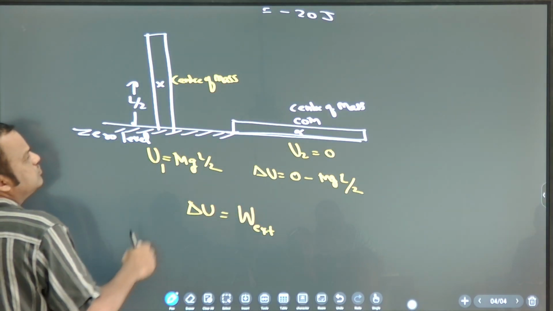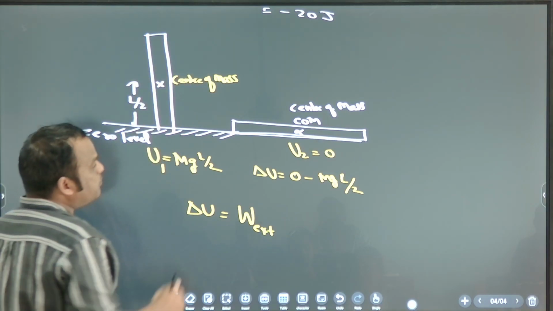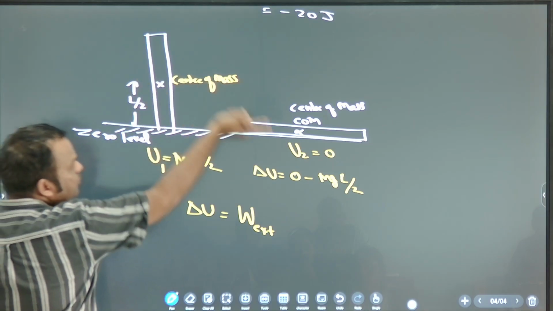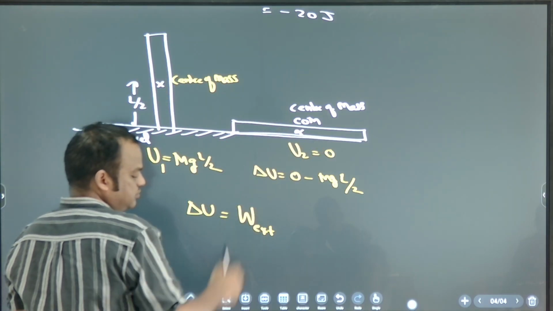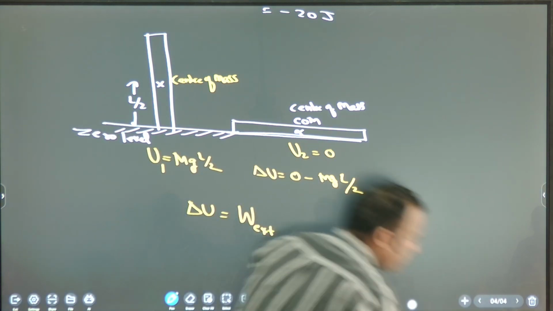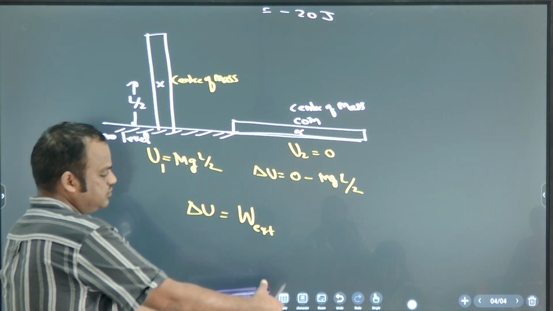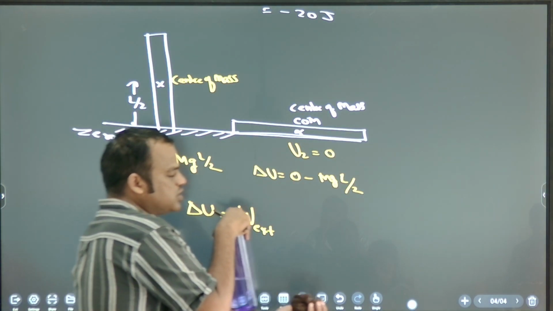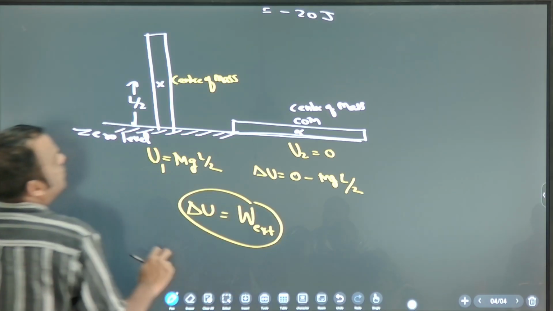And to decrease potential energy, like from here to here, the potential energy decreases, so it is negative external work. I'm moving it like this, negative external work. This is positive external work. Just memorize this formula.